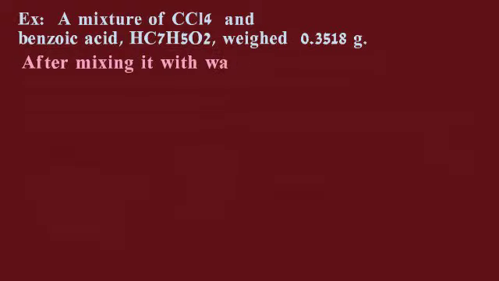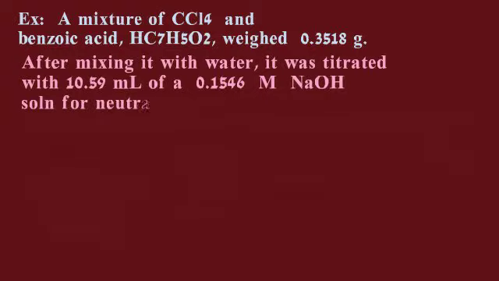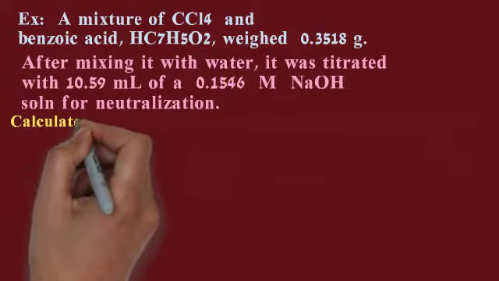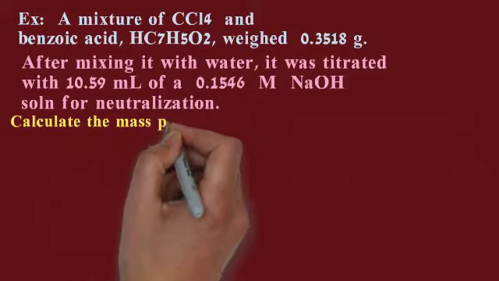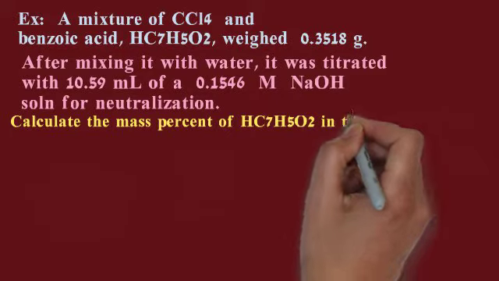After mixing it with water, it was titrated with 10.59 milliliters of 0.1546 molar sodium hydroxide till it reached neutralization. That's how much was required for neutralization. So the question here is you're going to have to figure out the mass percent of benzoic acid in the original sample.